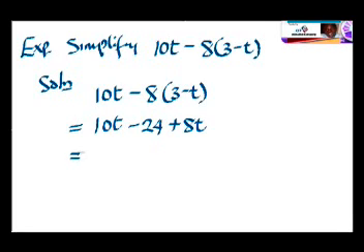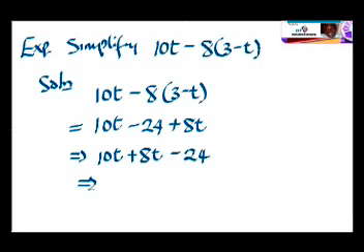And this becomes, if I collect my like terms, 10t plus 8t minus 24. That's on its own. Now I'm going to get 18t minus 24. Of course, I cannot add these two, so I'll leave this as my final answer because there are two different terms once again.